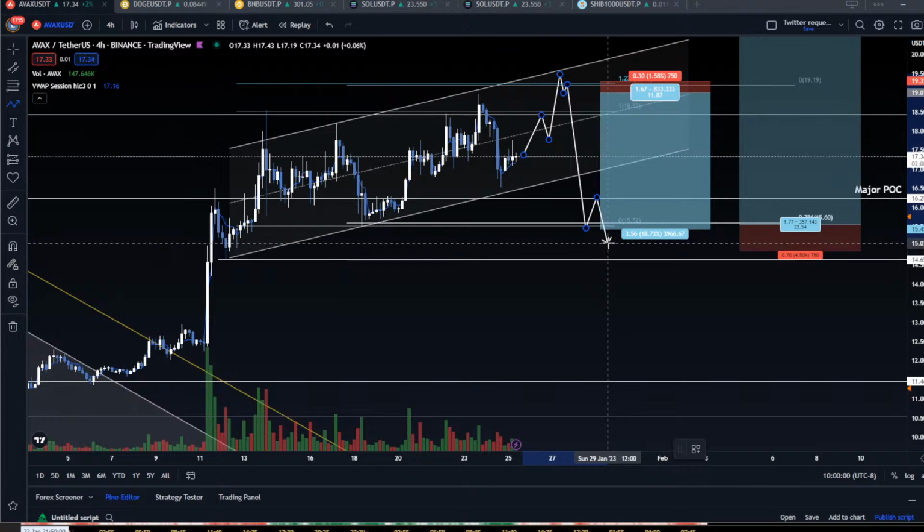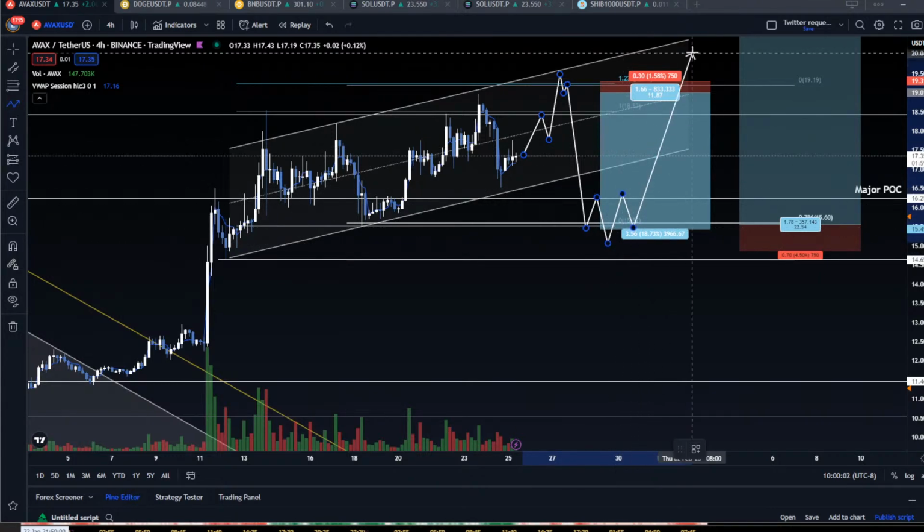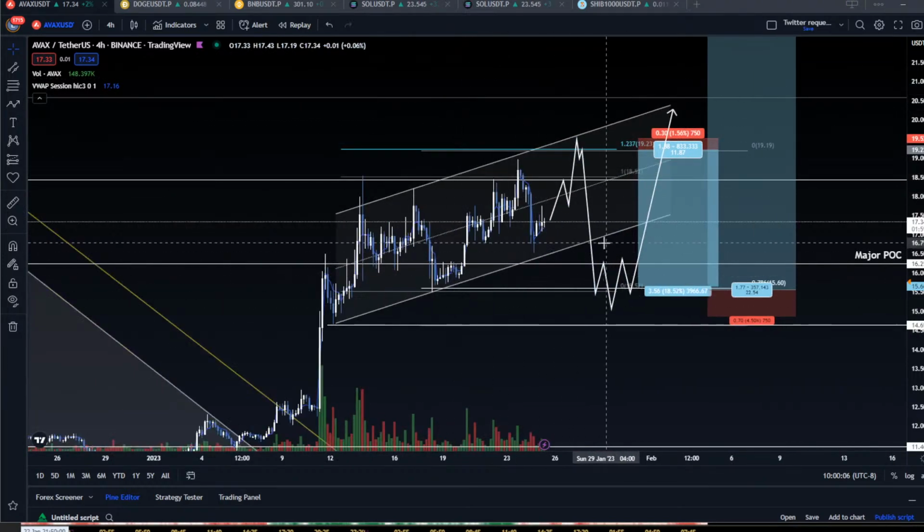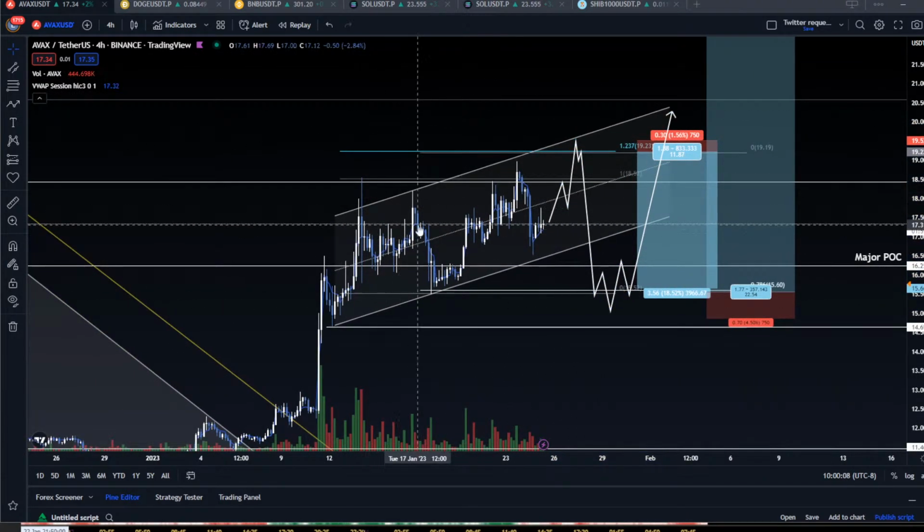Again, I'm not drawing what will happen. I'm just drawing the basic structure of the idea. You know, you have to analyze price as it actually comes to key levels, of course.